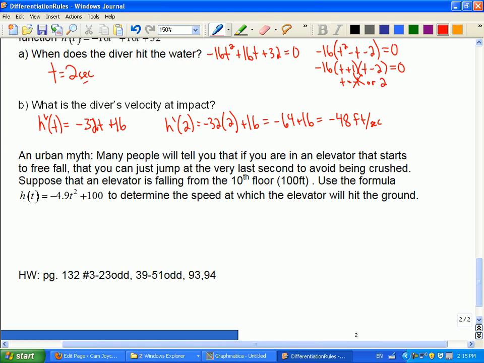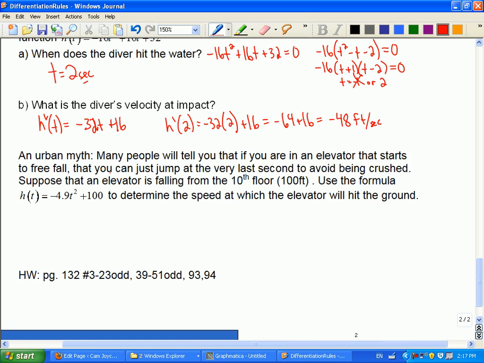So what I'm saying is, if you know how fast the elevator is hitting the ground, like let's say it's 10 kilometers an hour, you have to jump up with a speed of 10 kilometers an hour. So let's just say it's a 10th floor. You find out how fast you have to be able to jump up off the ground at that instant to actually save yourself.